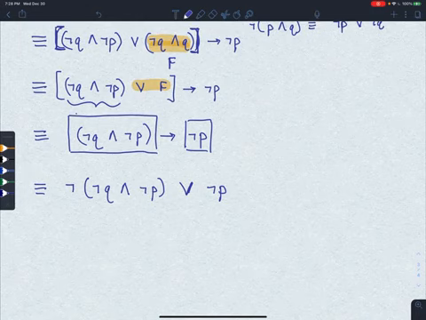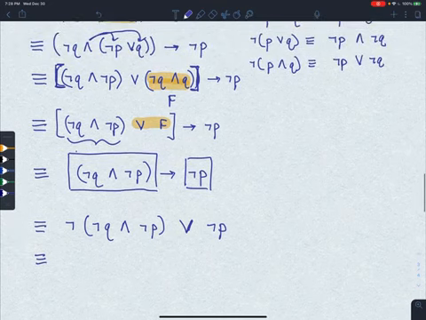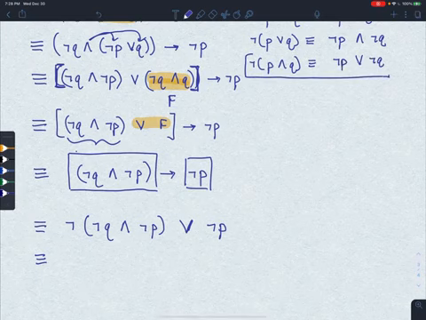Now we're down to at least all ands and ors, so at least this is getting somewhere. The negation of an and, this is De Morgan, right? The negation of an and is the or of the negations.